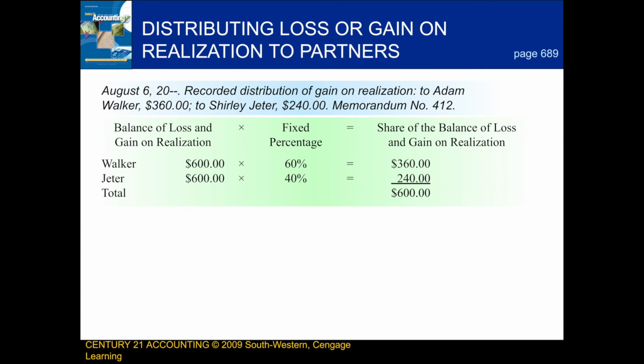When we distribute a loss or a gain on realization to partners, we take the balance of the loss or the gain on realization, and we multiply it times the fixed percentage, and that will give us the share of the balance of the loss or the gain on realization.